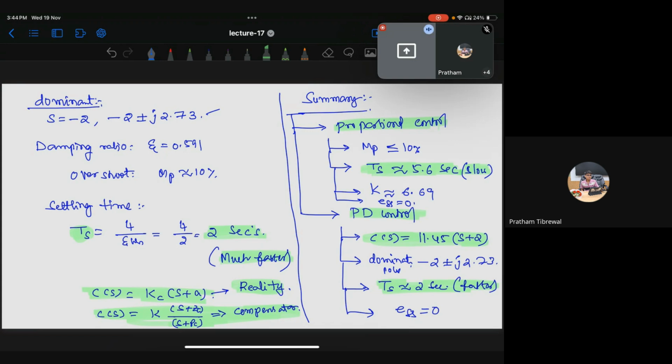We'll see that in the next live session. Are there any queries on this problem? No, sir, it's clear. I'll share these lecture notes, so please verify everything along with the calculations. You will understand the major difference between taking the proportional and the PD control.